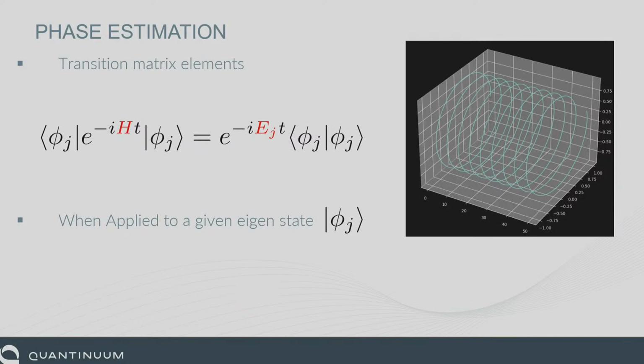As a physics person, or well, quantum chemist, I should say, I like to think about physical problems rather than a computer science approach. If we do have an eigenstate of the system, and we apply this transition matrix element and measure, with time along here and the real and imaginary part here, you get this perfect spiral where the phase just propagates in time.